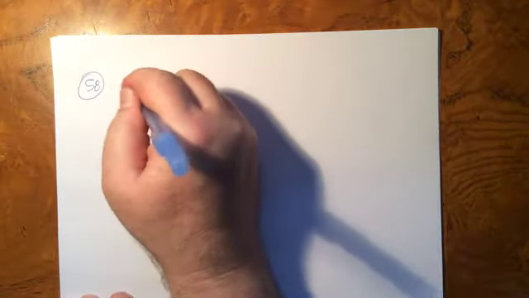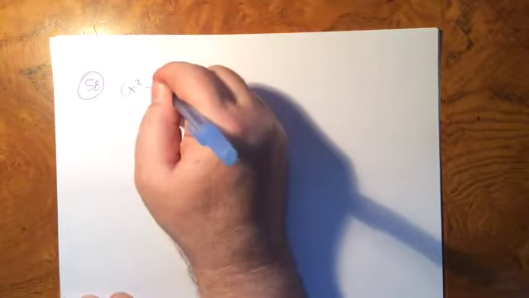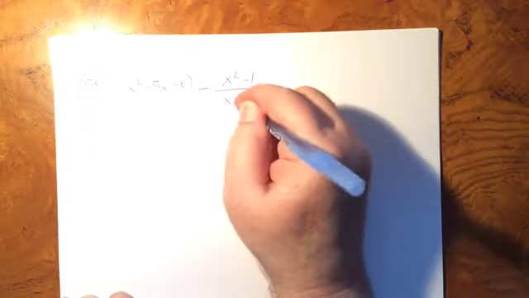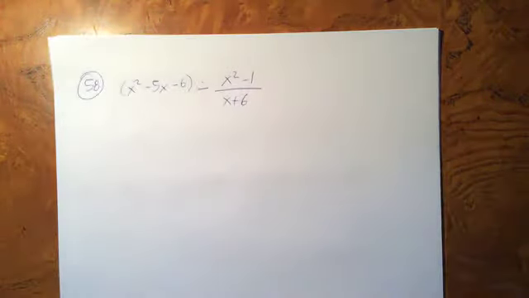And it's written as so: x squared minus 5x minus 6 divided by x squared minus 1 over x plus 6. So we have a trinomial being divided by a rational expression. This question sometimes throws students off because we're not dividing a fraction by another fraction. We're just dividing something by a fraction.